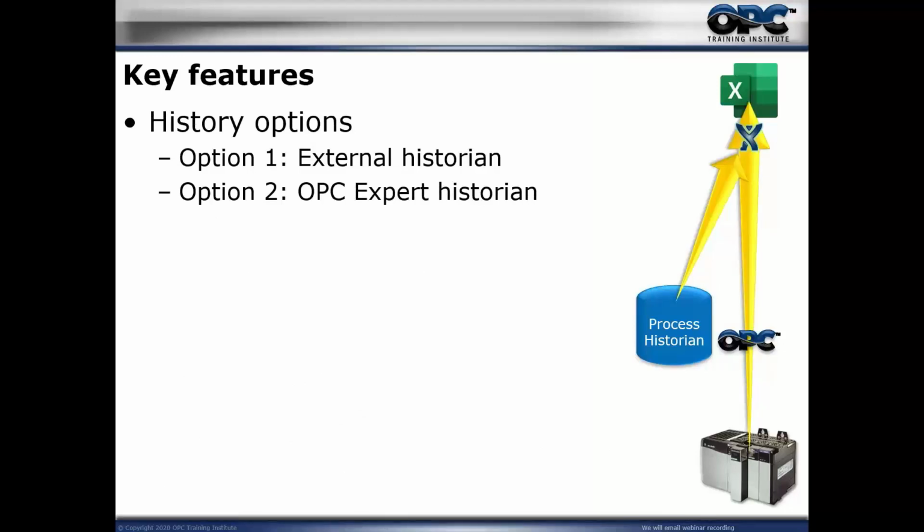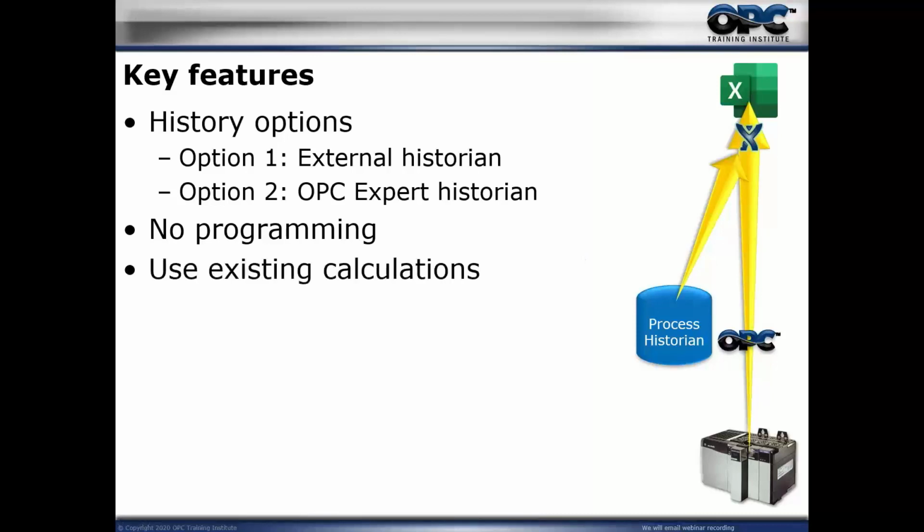As far as getting the history, you can either use an external historian, like I talked about, or if you don't have a historian, or for one reason or other, which I'll talk about later, you want to use your own historian, OPC Expert actually comes with its own historian, so you can use the OPC Expert historian.